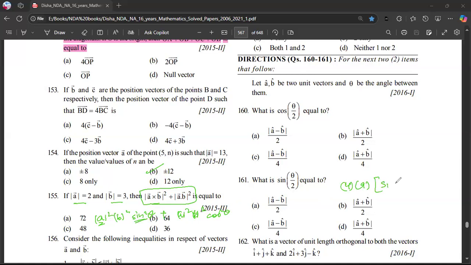The remaining is sine square theta plus cos square theta. 4 into 9 is 36. Sine square theta plus cos square theta is what? 1. 36 into 1 becomes 36 only. So 155, D is the correct option.